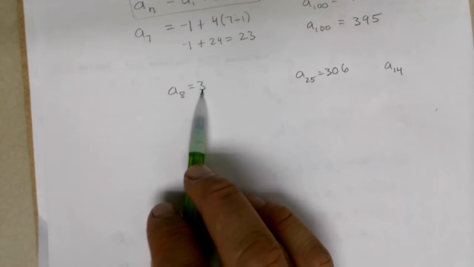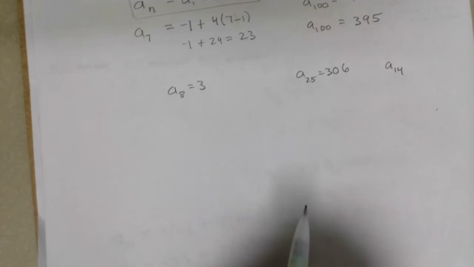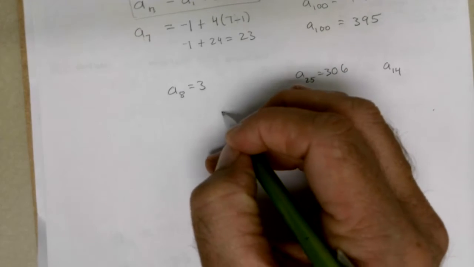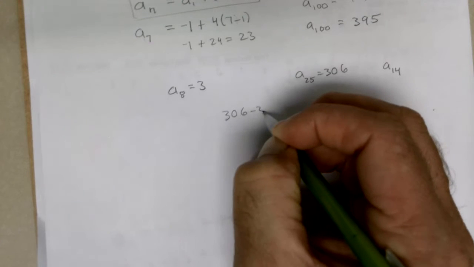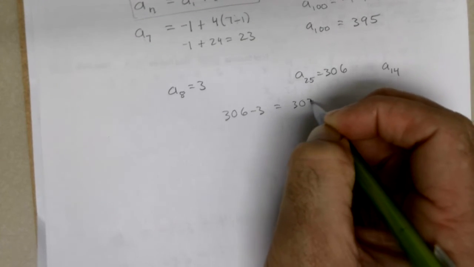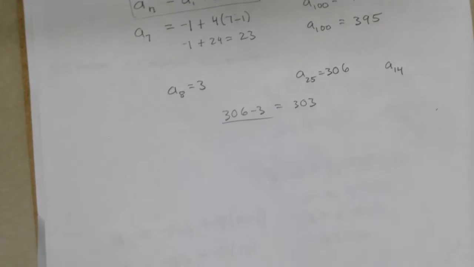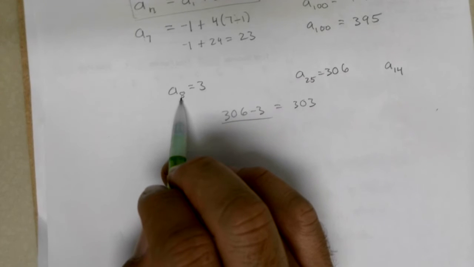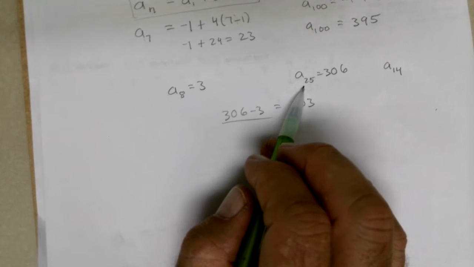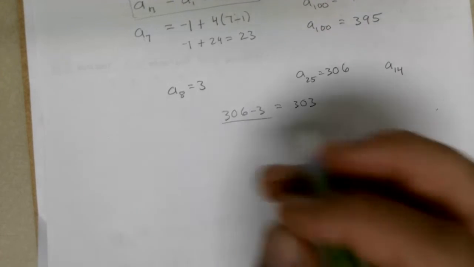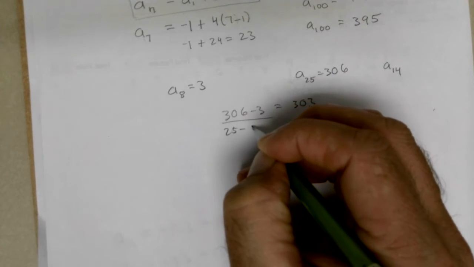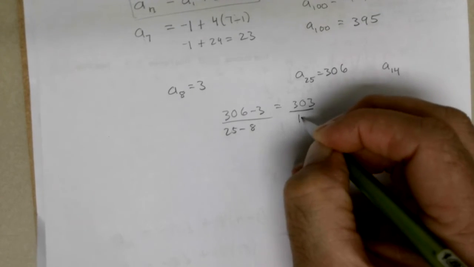And so as I go from 3 all the way up to 309, that's a change of 306. And as I go from term 8 up to term 25, that means that I went up 17 terms.